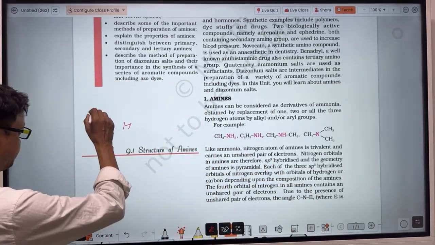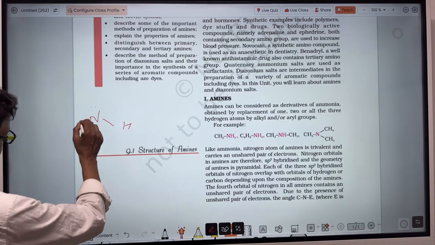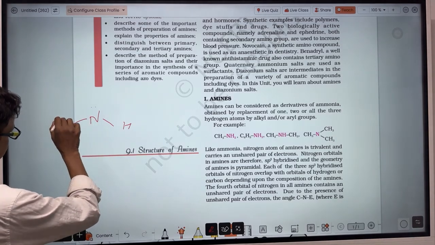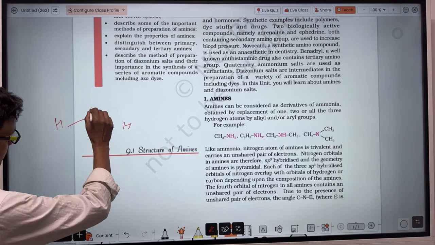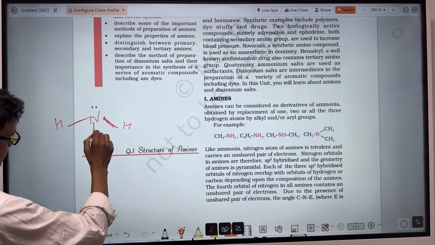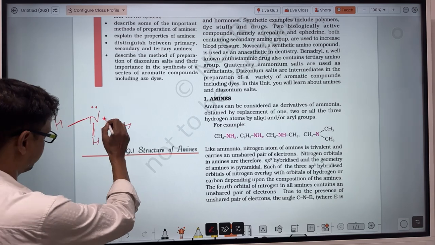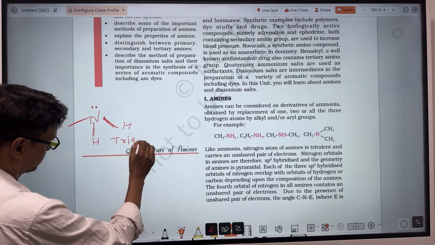This lone pair of electrons will repel the 3 bond pairs of electrons. As a result, the shape becomes trigonal planar.